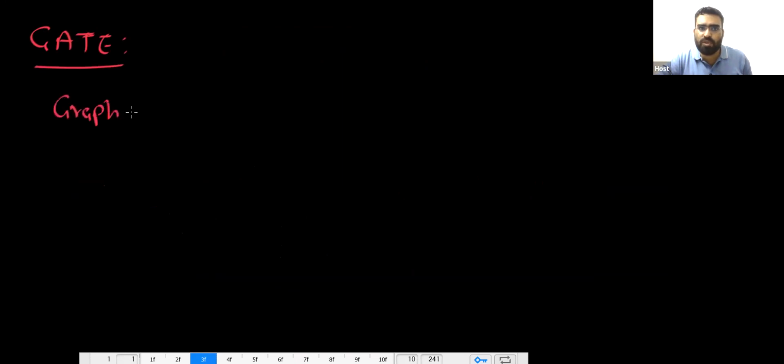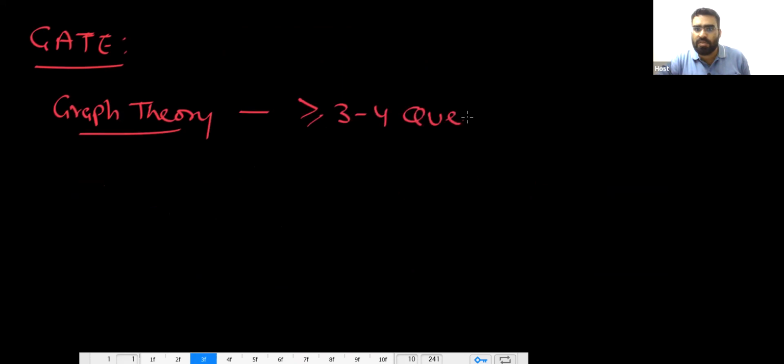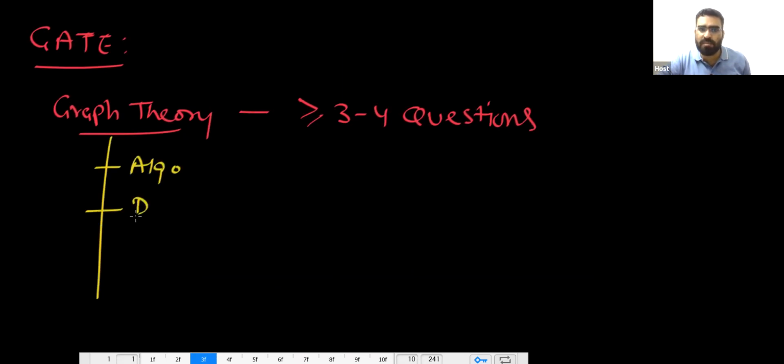Only from this graph theory, you will get maybe 3 or 4 questions. This graph theory is used in all other subjects: algorithm, data structure, operating system, compiler design.